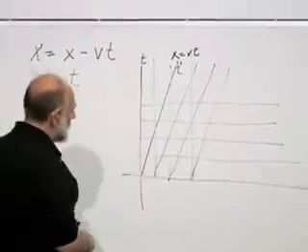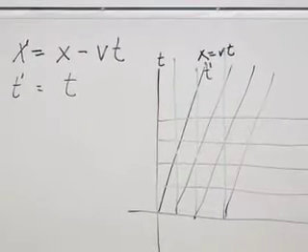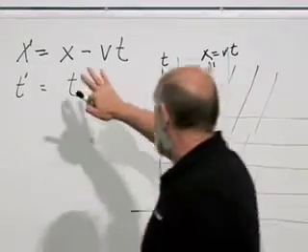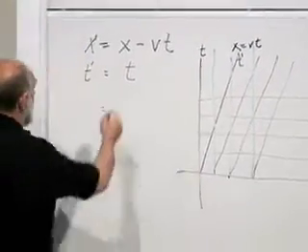These are the basic equations that govern the relationship between observers in Galilean relativity.